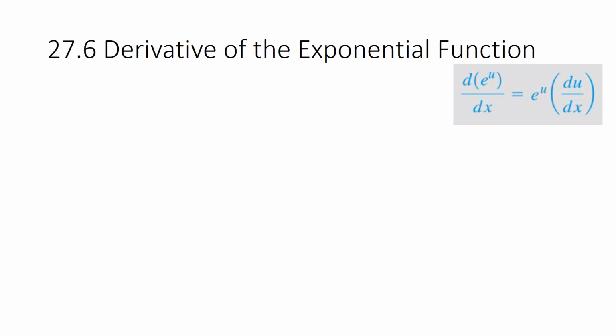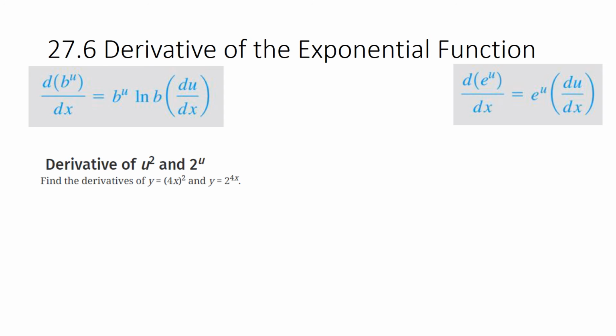It's only when the base of the exponent is the natural number, or Euler's number e. But in most cases, we're taking some arbitrary constant b, and we're raising it to some function of x. So that's going to equal b to the u when I take its derivative, multiplied by the natural logarithm of b times the derivative. So you can see that always that natural logarithm comes sneaking back in there.